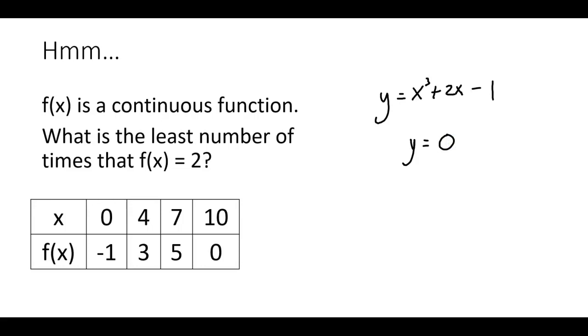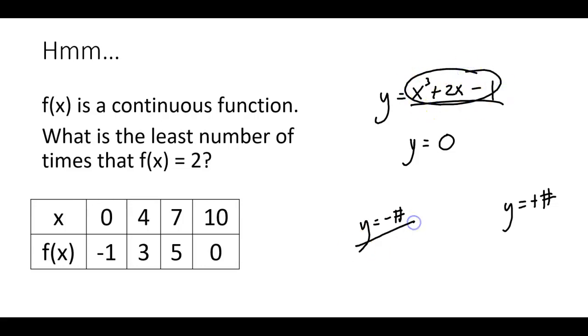Well, what you could do is you could just plug some numbers in for x and you could find out, well, it seems like y equals a negative number for some values of x. And then you could plug in some more and say, oh, well, look, the y also equals some positive numbers for other values of x. And this is a polynomial, so it's continuous. So if my y value is going from a negative to a positive, then I know somewhere along the way it has to equal 0.